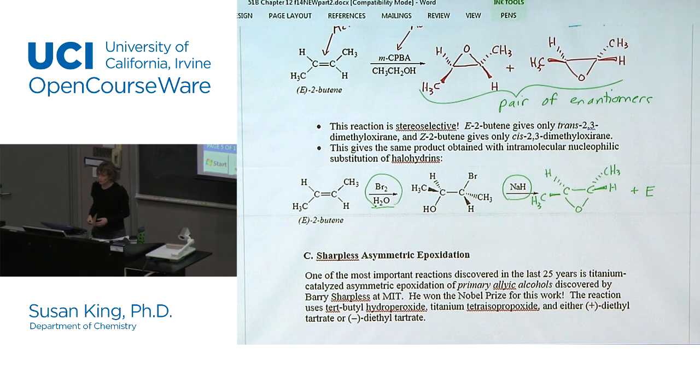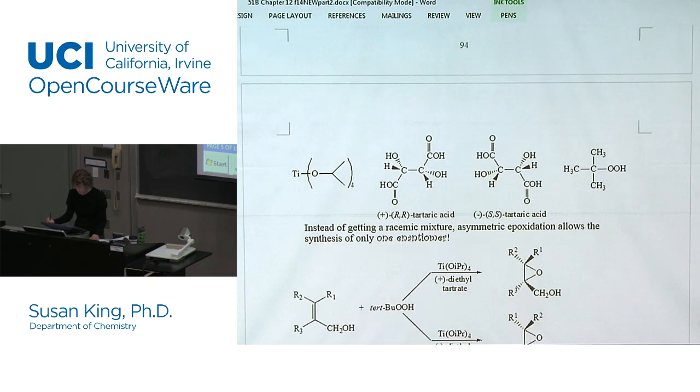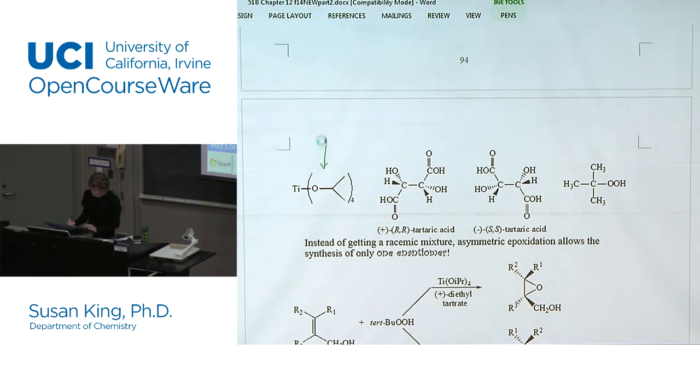What if we did have some kind of chiral reagent here, and we could get just one epoxide and not the other, a single enantiomer? That's what happens in the Sharpless asymmetric epoxidation. He actually makes a chiral catalyst. The reagents are shown on the next page. This is a titanium catalyst.